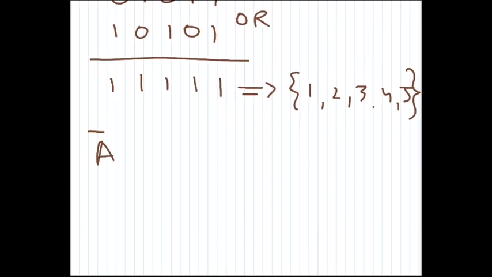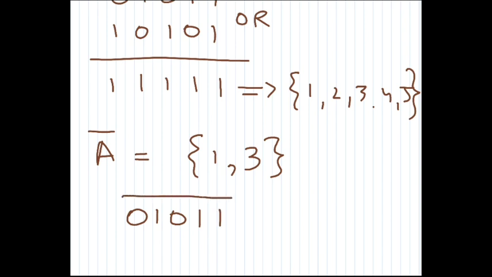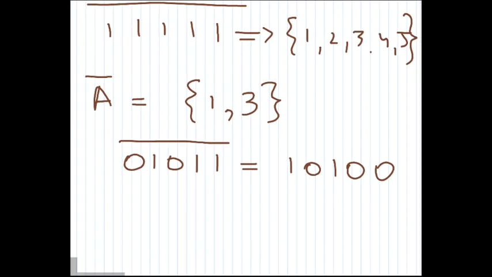So we have A complement, this is equal to 1 and 3. A was what? The complement of 0 1 0 1 1, so we flip all the bits, so 1 0 1 0 0, which is equal to again 1 and 3.